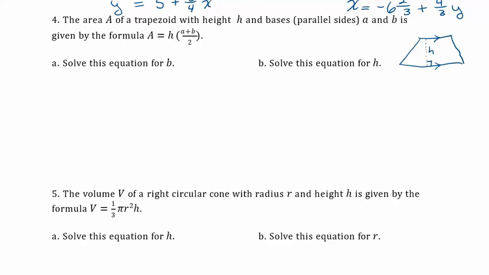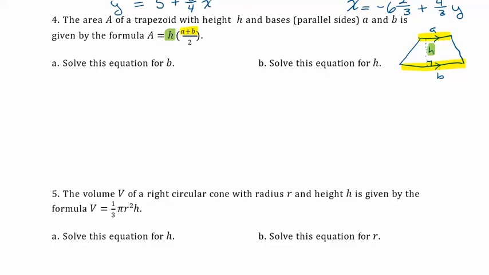And then the bases are the parallel sides. So these two sides are called the bases, and they are labeled with the variables a and b. It doesn't matter which one is a and which one is b. So to find the area of this trapezoid, you're going to add sides a and b, divide by 2, and then multiply that result by the height, and you will have the area of that trapezoid.